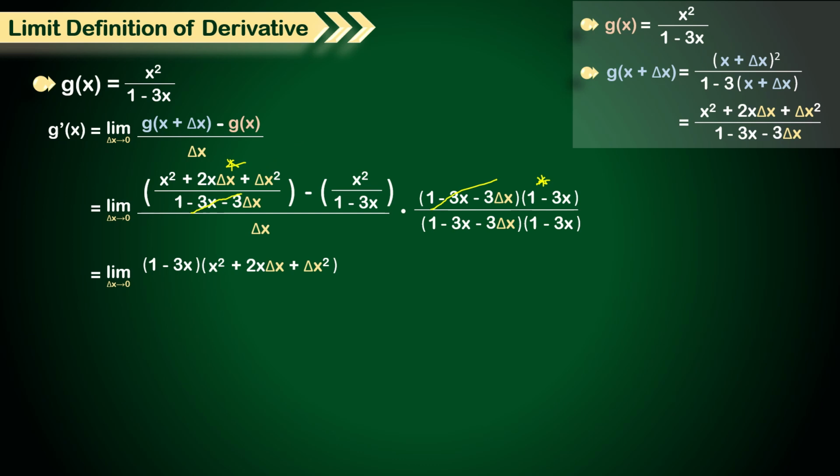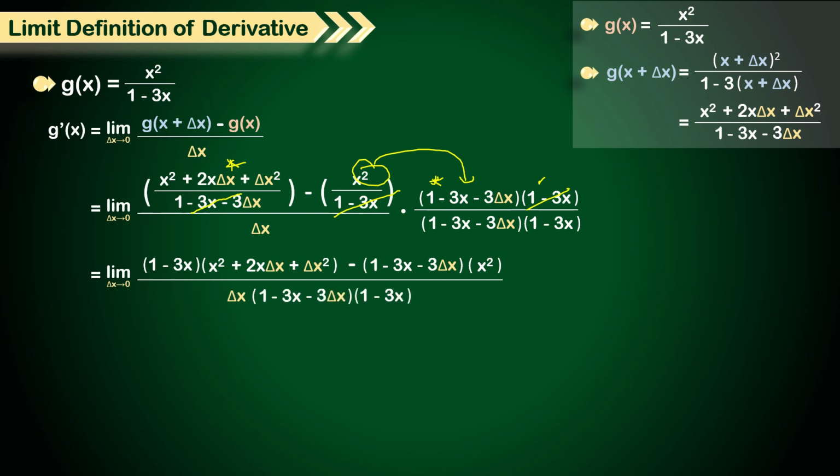Next, multiply the LCD to the second term of the numerator. The factor of 1 minus 3x is eliminated and multiply the remaining factor, which is 1 minus 3x minus 3 delta x, to the numerator of the second term, over the product of the denominator, which is delta x and the entire LCD.